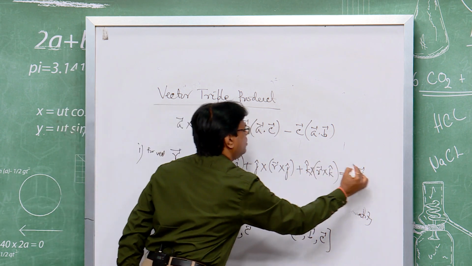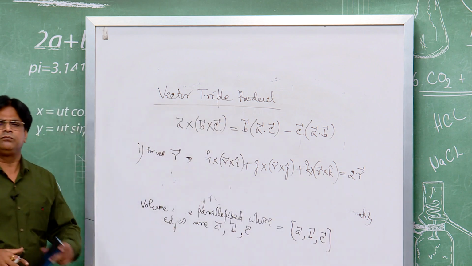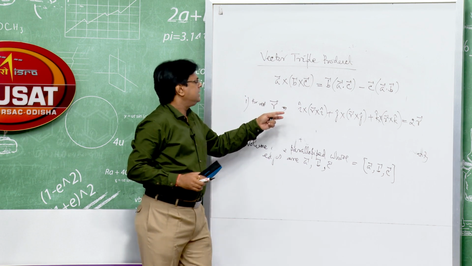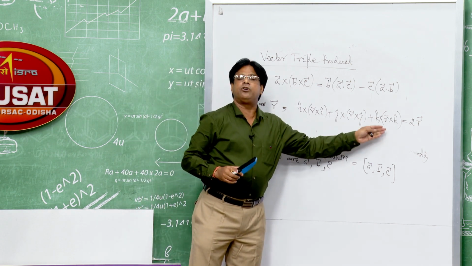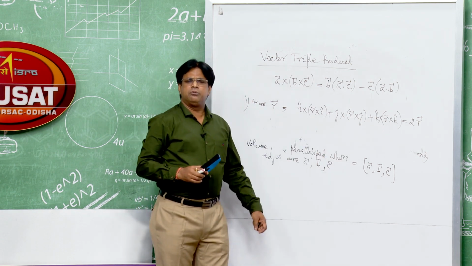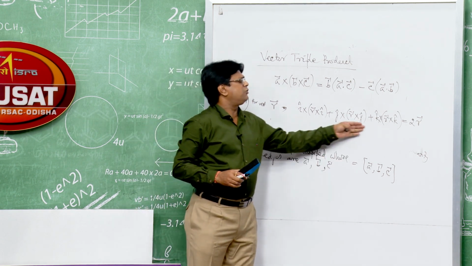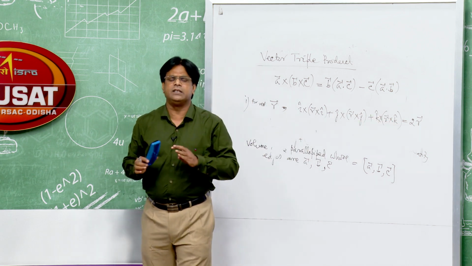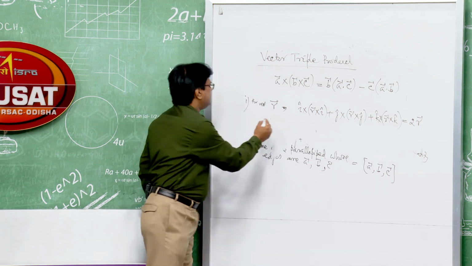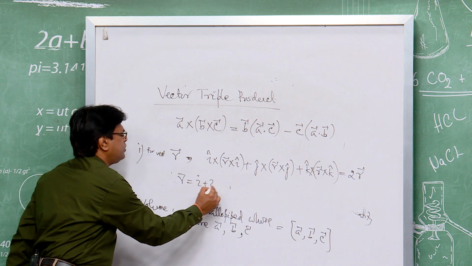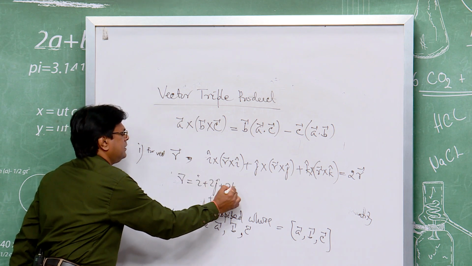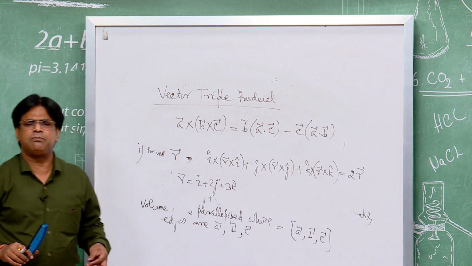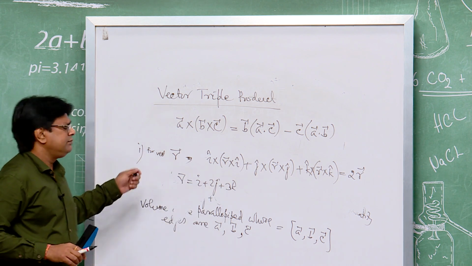This is useful for multiple choice or any objective question; you have to write only 2 into R vector. If R vector is given, suppose R vector is i plus 2j plus 3k, then the answer will be 2 into that, that is 2i plus 4j plus 6k.